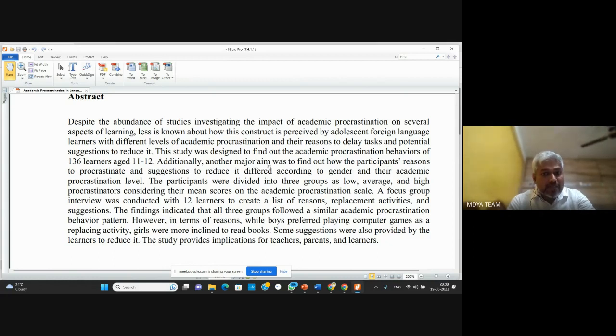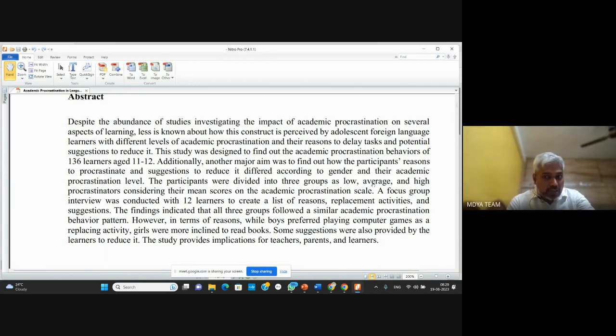Additionally, another major aim was to find out how the participants' reasons to procrastinate and suggestions to reduce it differed according to gender and their academic procrastination level. So this is the issue they have mentioned. The participants were divided into three groups.